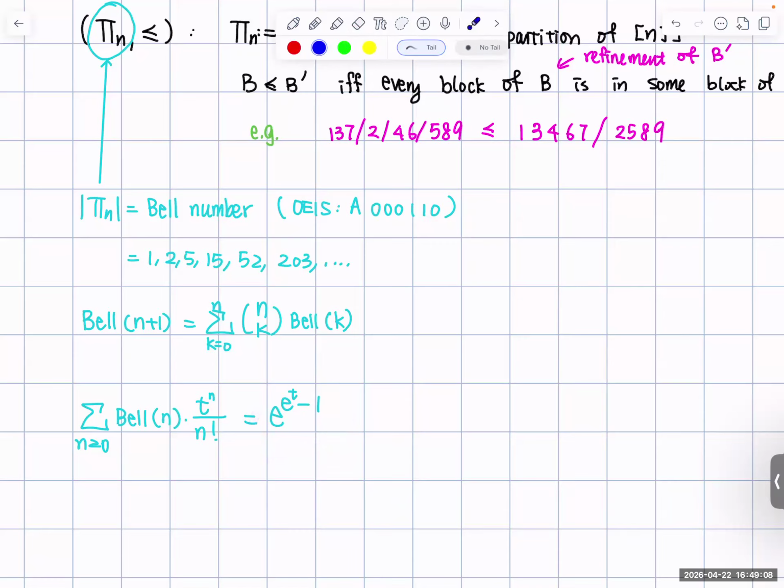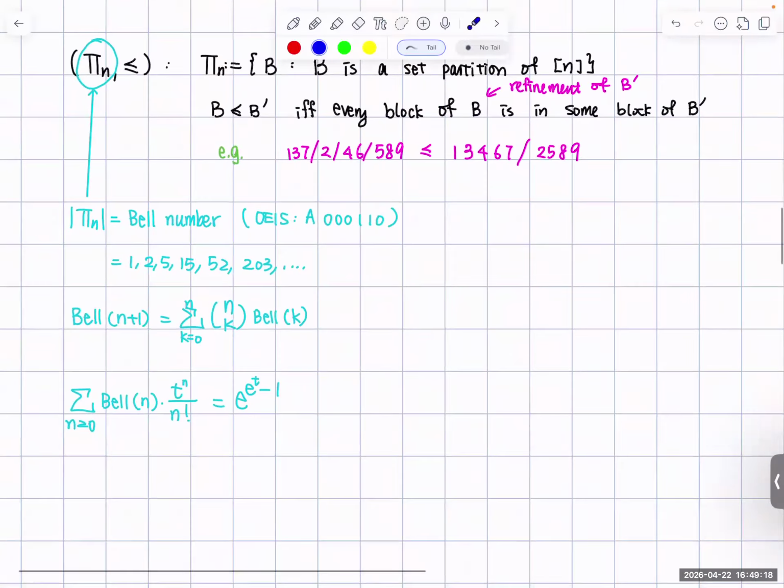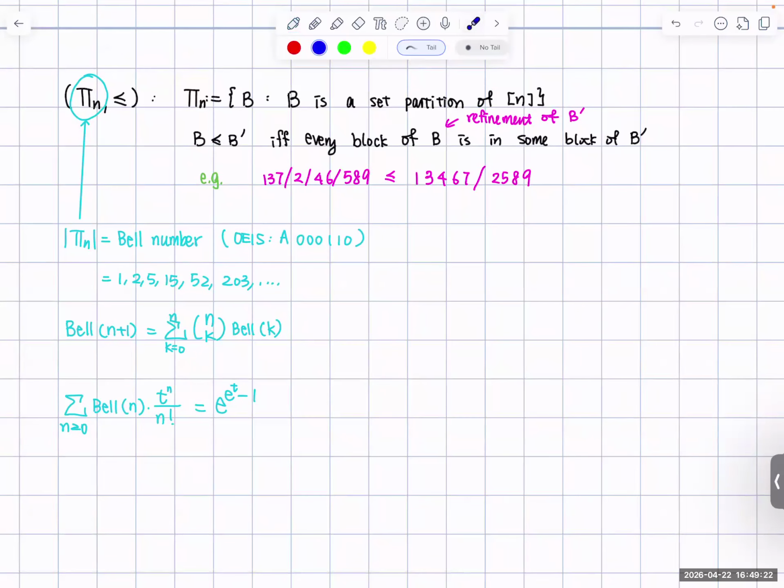I don't remember whether I should have a 0. We have to check it again. But that's the idea. The Bell number does have lots of nice relations and formulas, and it's very important in combinatorics. So it also has this refinement to make a poset, and later on you realize that that's a lattice.